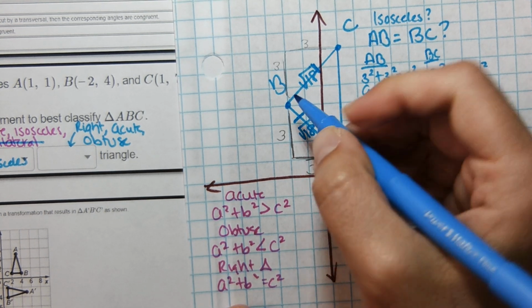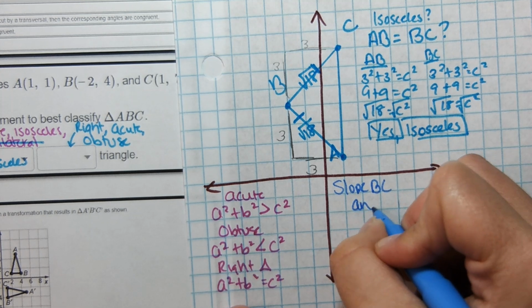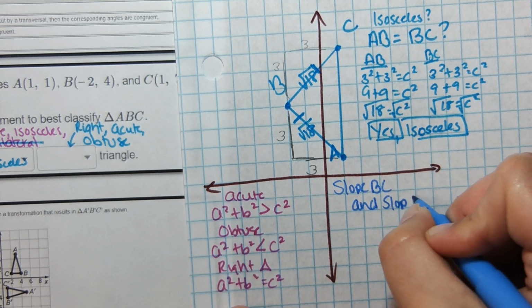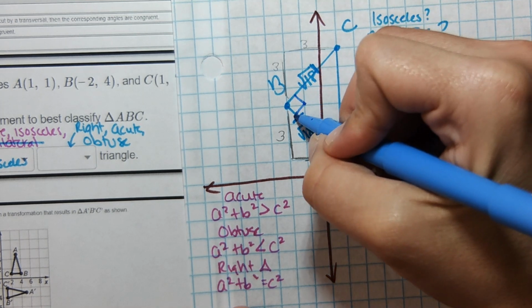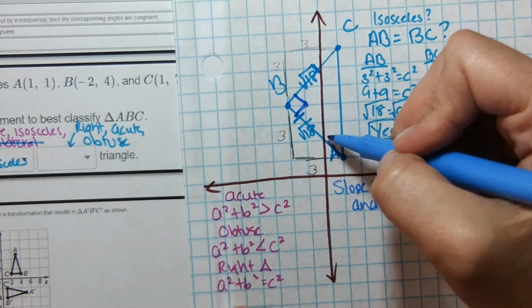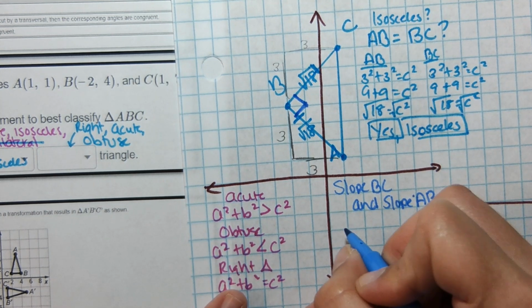So the slope of BC and the slope of AB. If these are perpendicular, that would mean this is a right angle, and that would mean this is a right triangle. So I'm looking at whether the slopes are negative reciprocals.